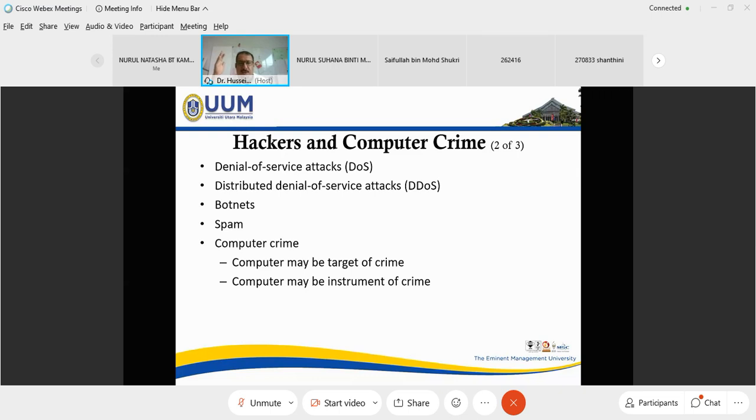Spam. When you receive a spam email, don't follow it. Don't give them your details. Yes, this is wrong. I received some kind of invitation. Because we are academics, we know this kind of spam. I received an email asking me to do a publication.